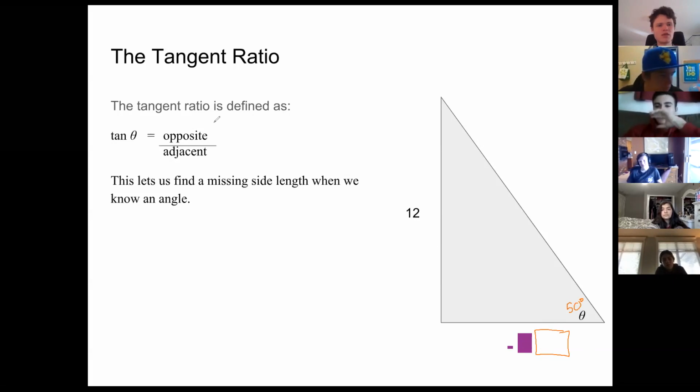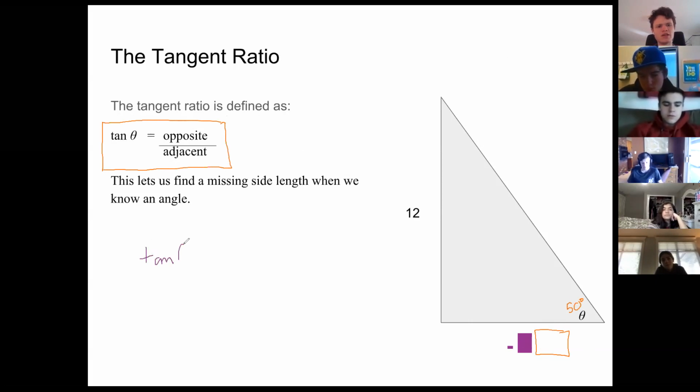And what we do is we always start by writing out the general form here. This is what I always do. Okay, pay attention. We're going tangent theta equals, I usually write it like this, op over adj. Opposite over adjacent. That's the tangent ratio.